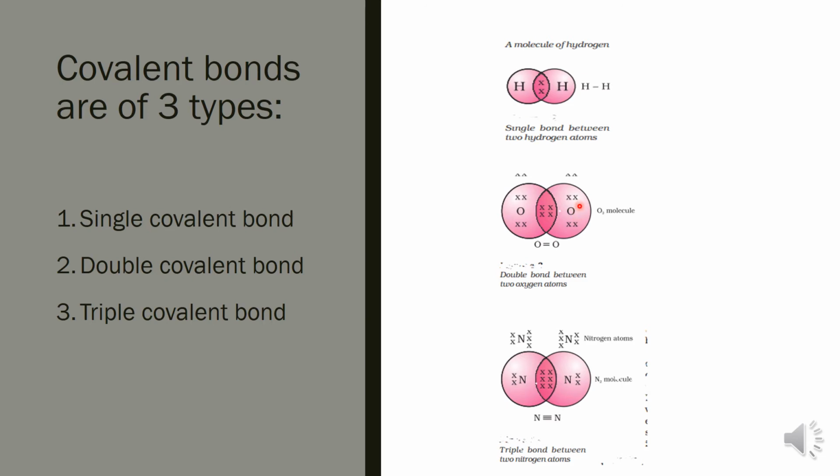Or if I count for this oxygen atom, 2 electrons here plus 2 electrons here, so 4 electrons, 5, 6 electrons and 7, 8 electrons. So in both oxygen atoms they have the complete octet, or they have 8 electrons in their valence shell. So they are very much stable.